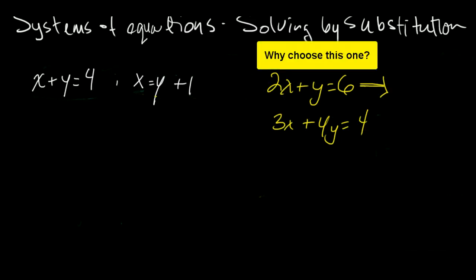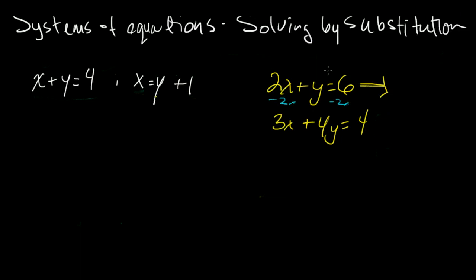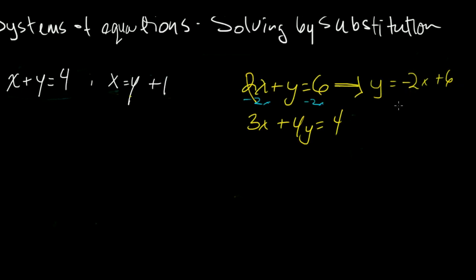It's easy to subtract 2x from both sides, and that would give us y is equal to negative 2x plus 6. And now we can substitute this whole value in for the y in the other equation.